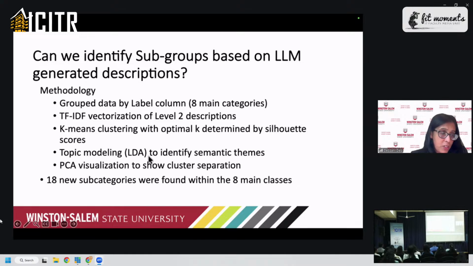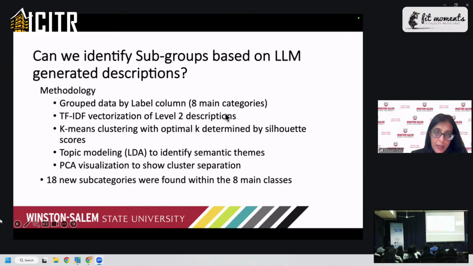But we did not stop at only the classification stage. As I mentioned, our interest is whether we can also identify some subgroups or hierarchical categories of those labels. For that question, our methodology grouped the data by label column.